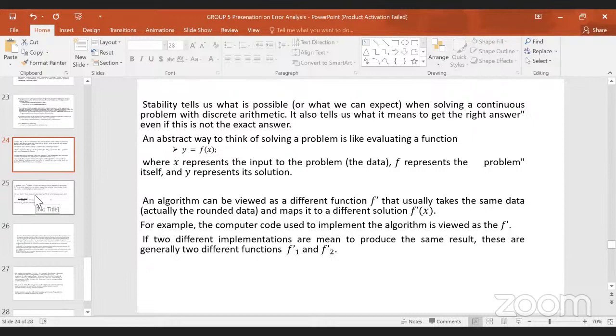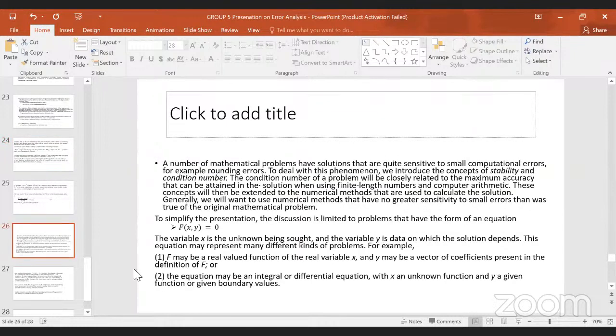If you follow from the 24th slide, it said an algorithm can be viewed as a different function f prime. So that's where the f prime of x is coming from. It usually takes the same data and maps it to a different solution, f prime of x. So we are saying f prime of x is a solution to the initial problem. Okay, thank you.